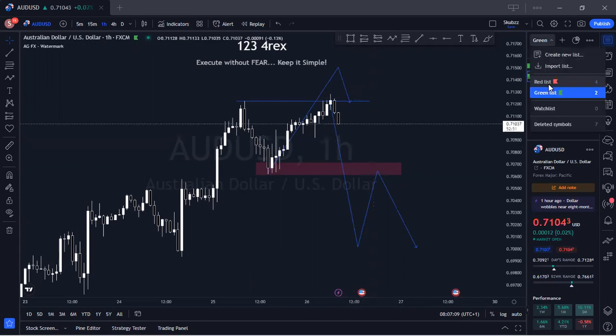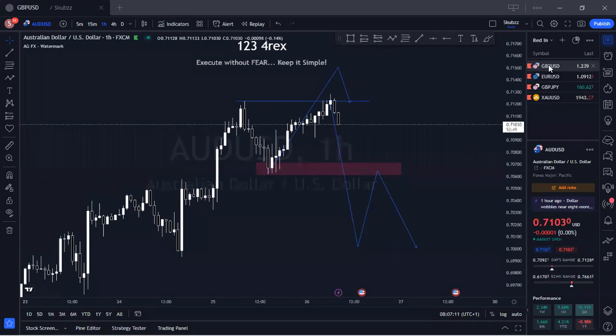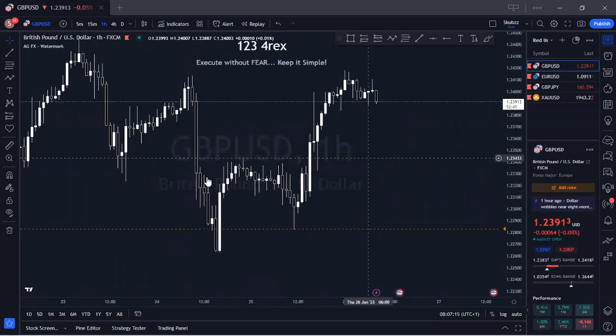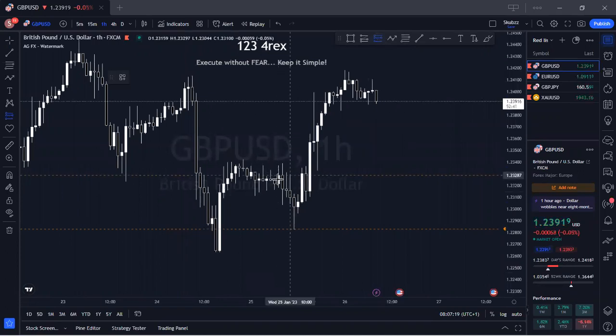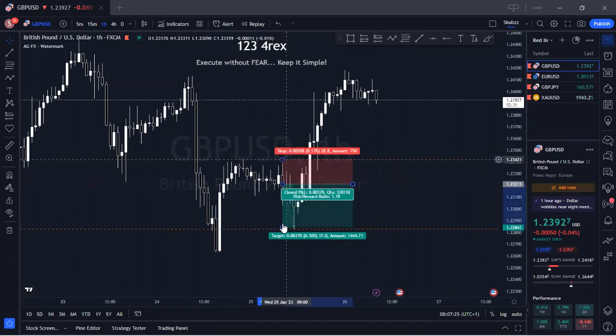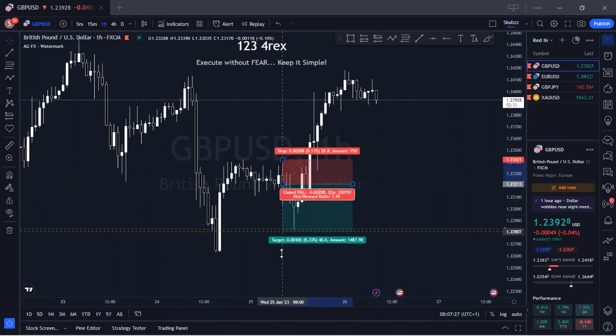Then let's check GU. GU was quite funny yesterday. I took a sell on GU somewhere around here, and my stop loss was above here, and my target was down here. I think it was a 2-hour trade.